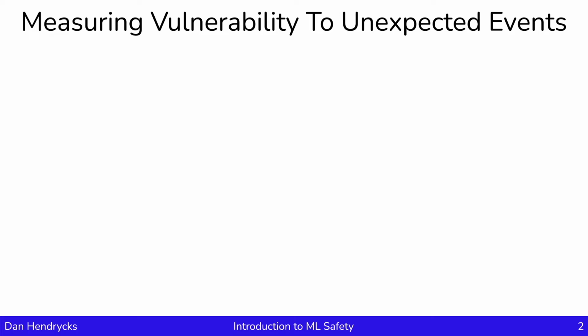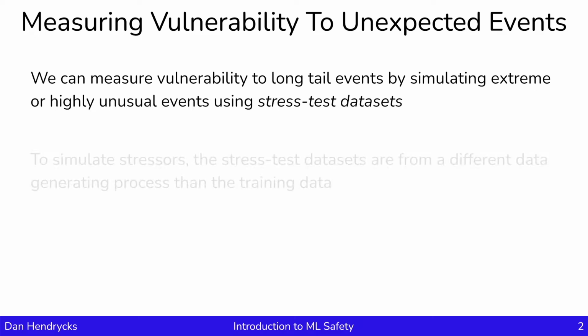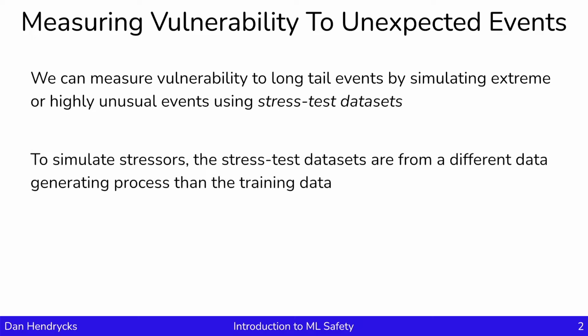If we can't measure it, it's very difficult to know whether we're making progress or whether we're capturing any relevant phenomena. So what we can do is simulate extreme or highly unusual events using stress test datasets. These stress test datasets are derived from a different data generating process than the data generating process that produced the training data.